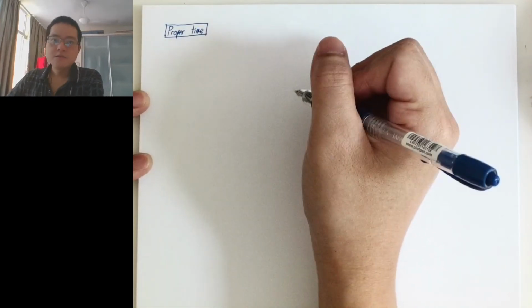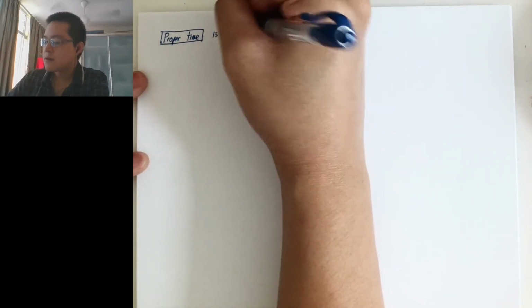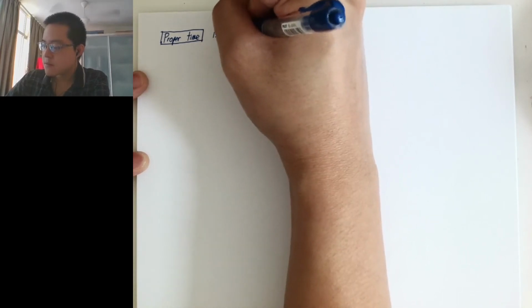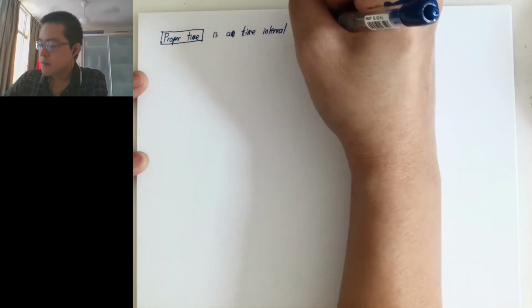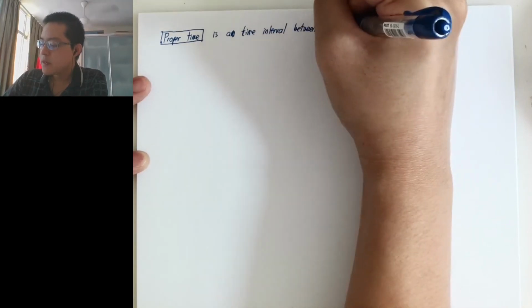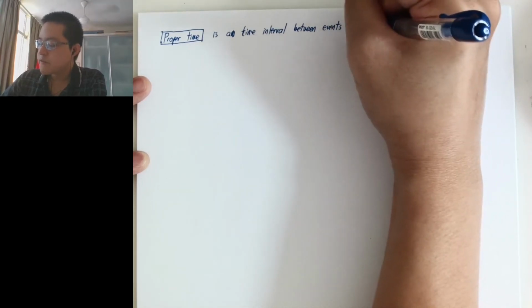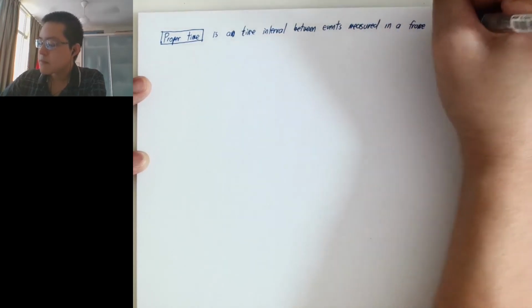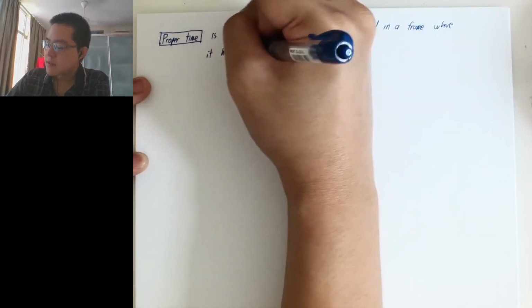Proper time is a time interval between events measured in a frame where it has the same position.